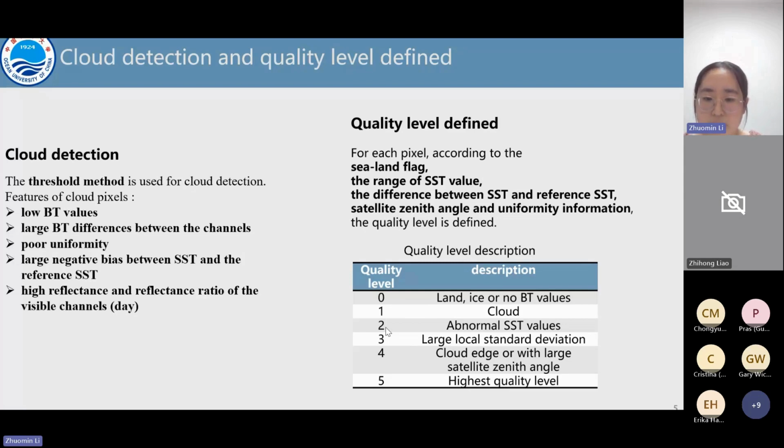Pixels with quality level of 3 are pixels with large local standard deviations. And the pixels with quality level of 4 are in cloud edge or with large satellite zenith angle. The pixels with quality level of 5 have the highest quality levels.